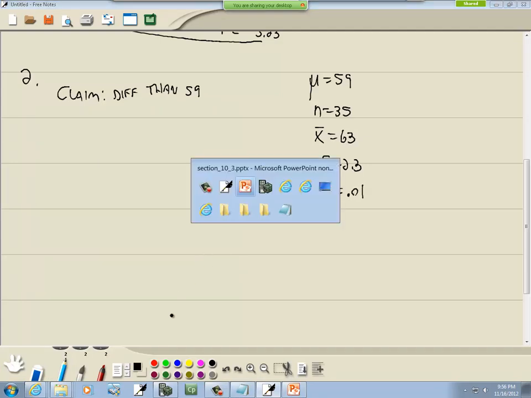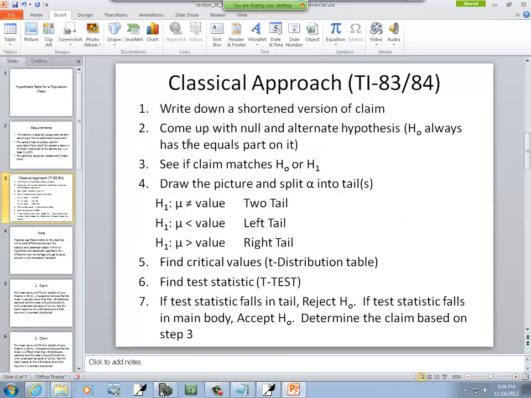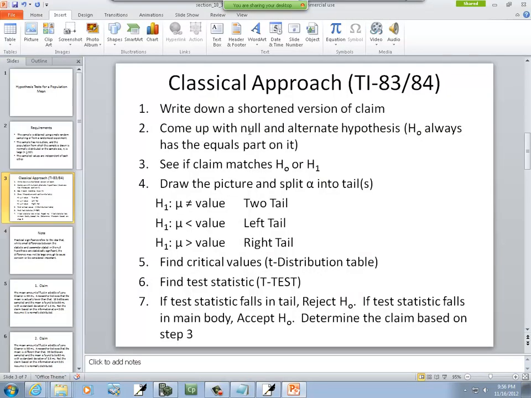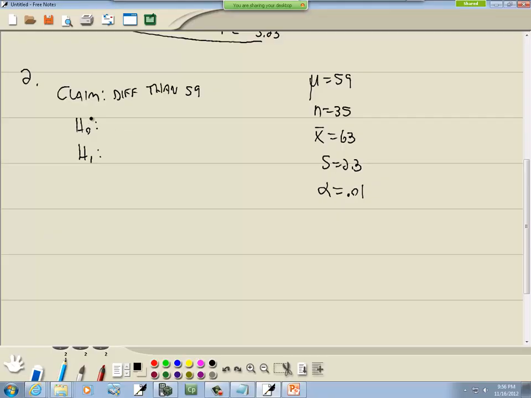Okay. Let's go through our steps. Step 1, write down a shortened version of the claim. Did that. Step 2, come up with a null and alternate hypothesis. Different than, that symbol's a not equal to. Not equal to goes here.